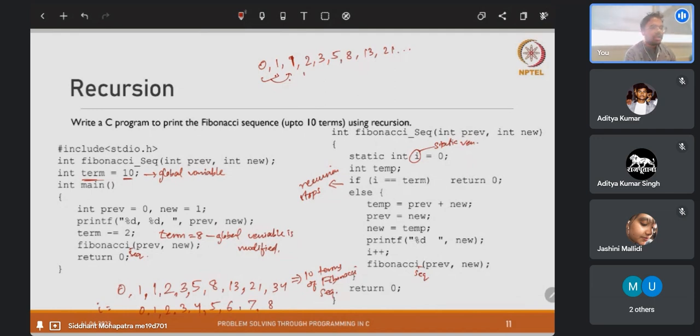Here the static variable I helped us a lot in defining the proper recursion elimination condition, so that the entire recursion ends, right? So you have 10 different numbers being printed, 10 terms of the Fibonacci sequence being printed. Is it clear?